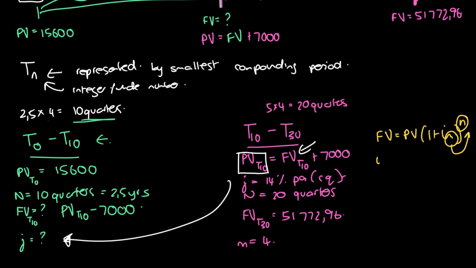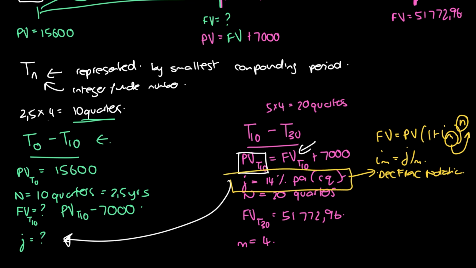And i_m is J divided by M. So we'd have to convert to the effective interest rate and put it in decimal fraction notation for our formula. So we would still need to convert that to i_4 for our formula. However, we're using our financial calculator, and our financial calculator uses the normal interest rate. And we can use our financial calculator in part 2 because it is compound interest. It's not continuous compounding.